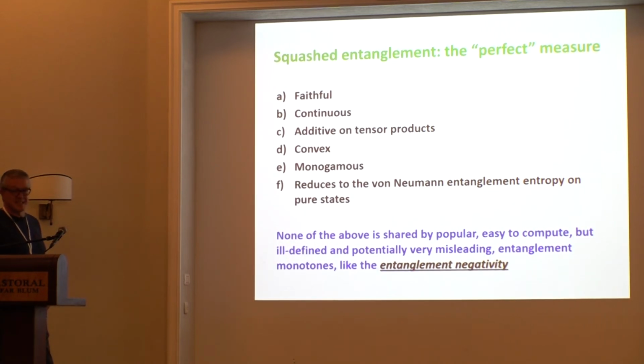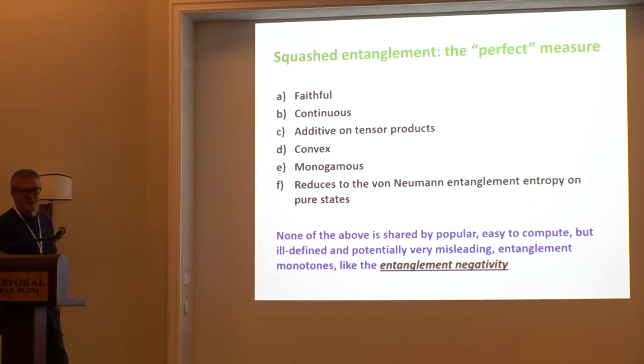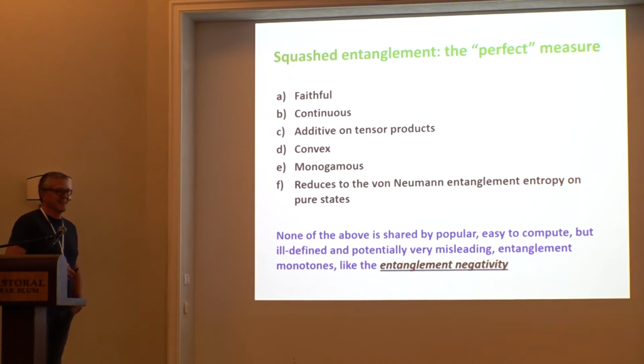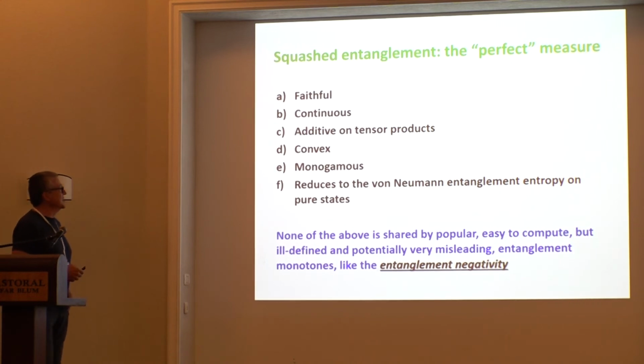Now, for instance, the negativity does not fulfill this. You think, okay, this is a fundamental requirement, right? Well, we know that there are states for which the negativity vanishes, but these states are entangled. It's called bound entanglement because it cannot be distilled by local operations.